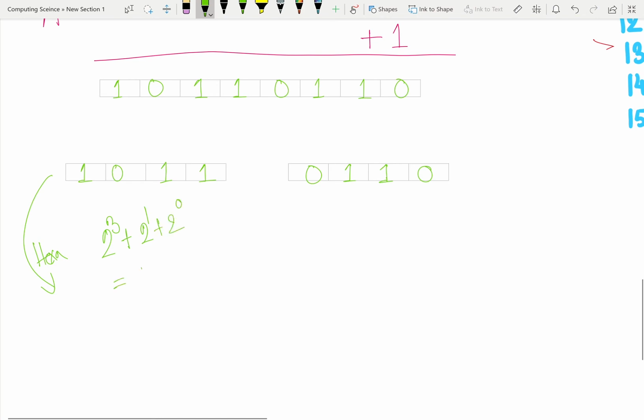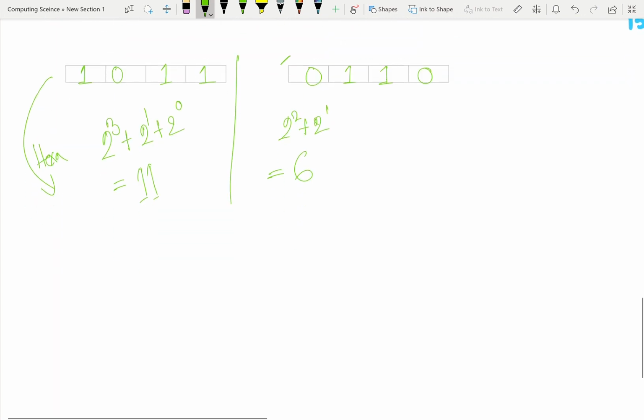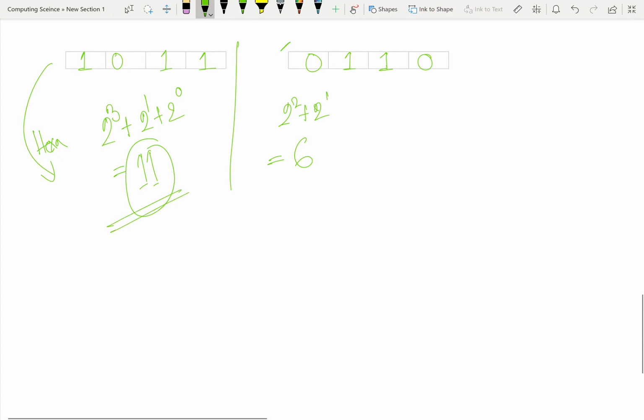So it becomes 11 for this part. And for this part, we get 2 to the power 2 plus 2 to the power 1, which should be 6. As we know, 11 doesn't exist, so it has to be B. And this one is 6. So this should be your answer.